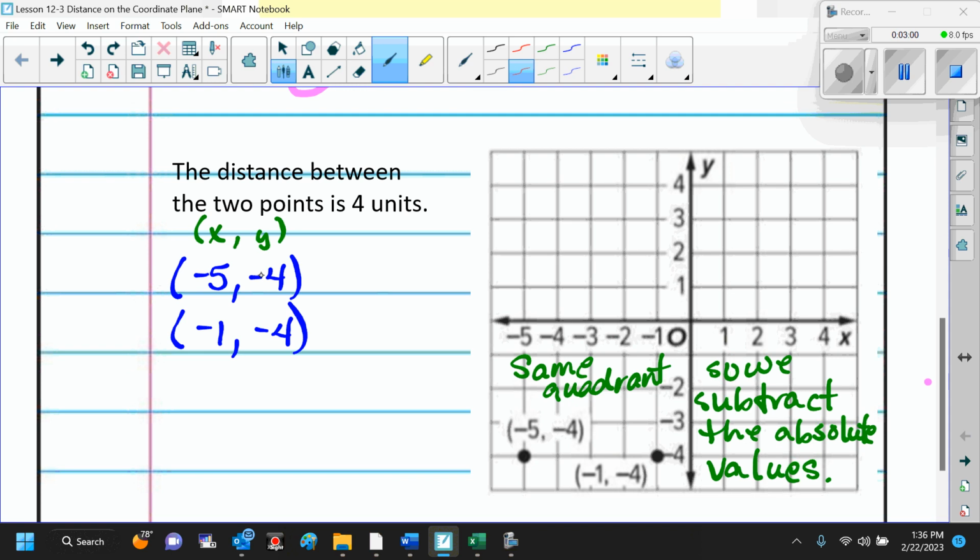So we are not going to use the y values to calculate. We are going to use the x values. And because we are in the same quadrant, we're going to subtract the absolute values. So we have the absolute value of -5 minus the absolute value of -1. So that's going to be 5 minus 1, which is 4, which is what we originally calculated. So this is 4 units apart.